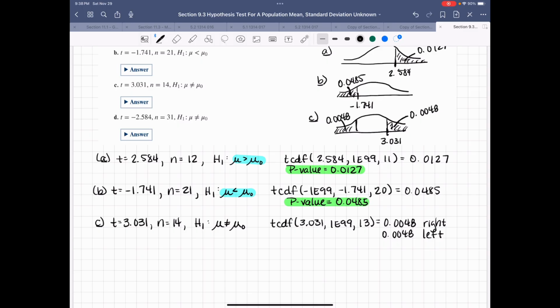So that means my p-value is going to be 2 times that. 0.0048 times 2, or you can add them together, is going to equal my p-value, and that will equal 0.0096.